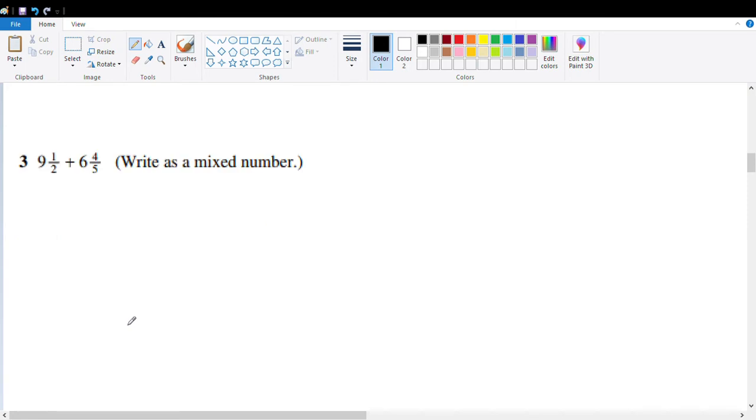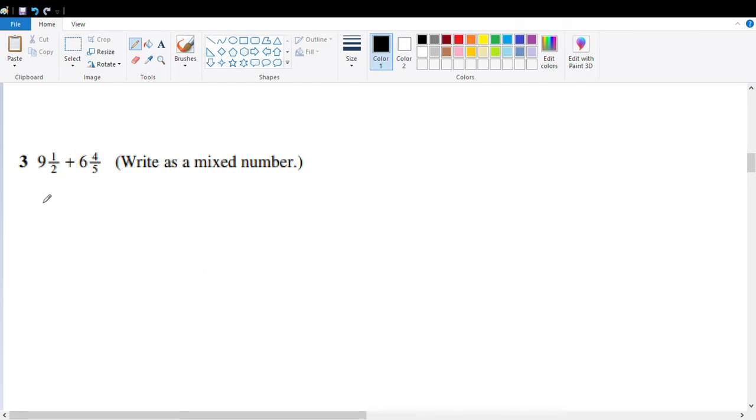Now we have number 3. We have mixed numbers. Essentially, what do we want to do?